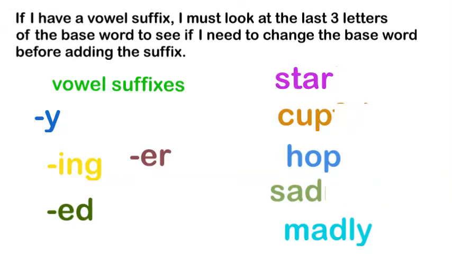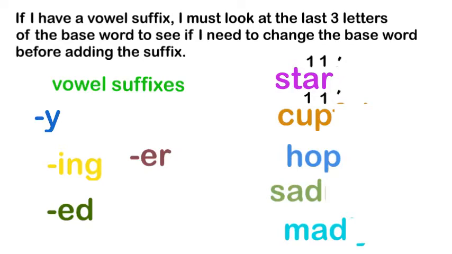So I have star, cup, hop, sad, and mad. Look at the base words. All of them only have one vowel. They only have one consonant after the vowel, and they're all accented because they're one syllable. So they're one vowel, one consonant, and one syllable that's accented.